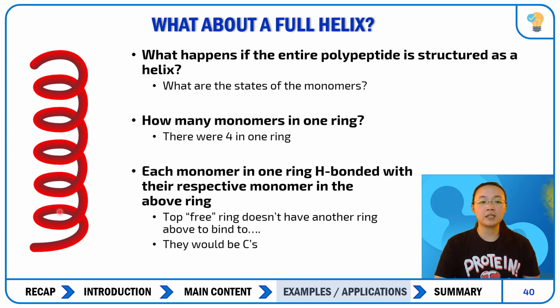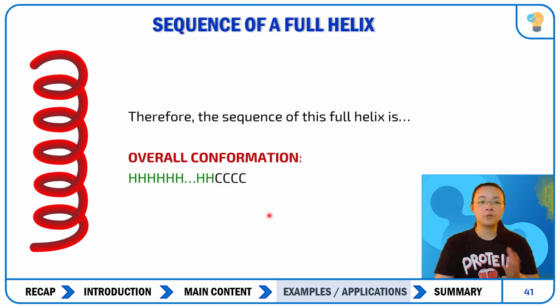So we would basically have all of these monomers initiating hydrogen bonds with their upper monomer, except for the top one because there's nothing at the top. You end up with an overall conformation with 4 C's at the very end.